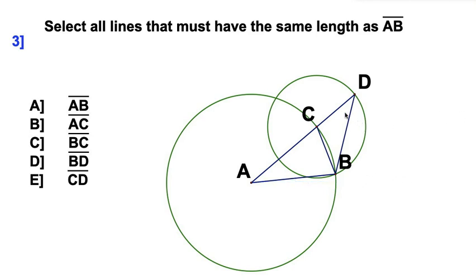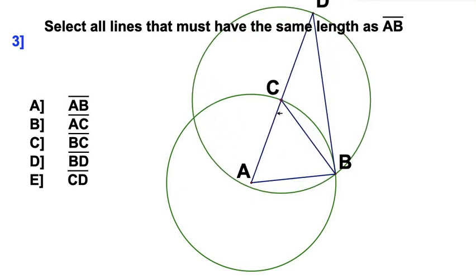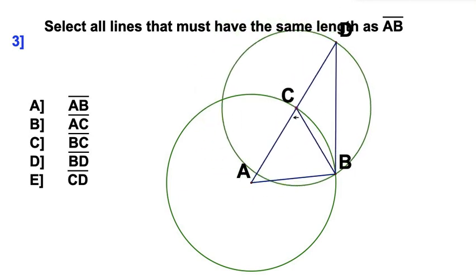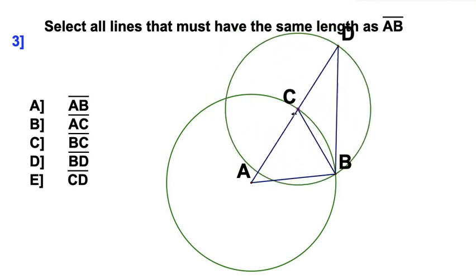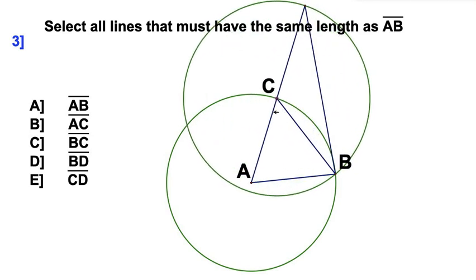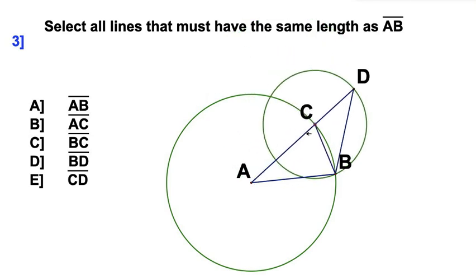You might say CD looks shorter than AC, but is it? We don't really know. We're not given that much information. I mean, really, this is the same diagram. So the only thing we could come up with are two radii of the circle with its center at A. And you know what they are.